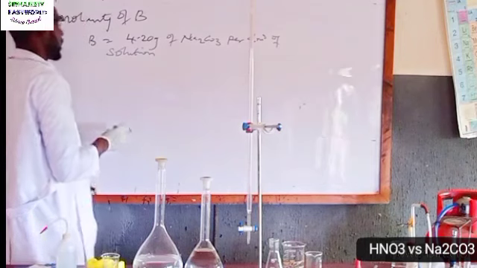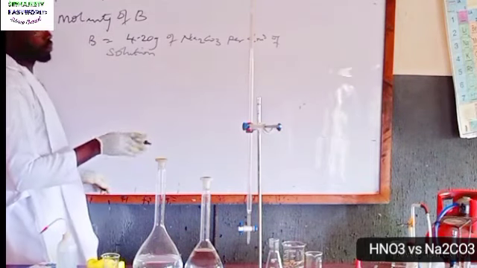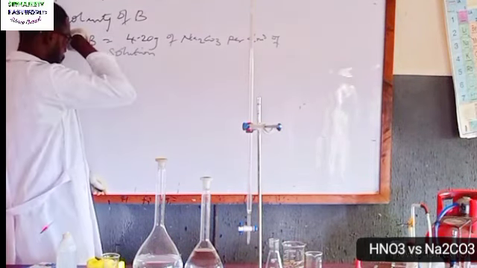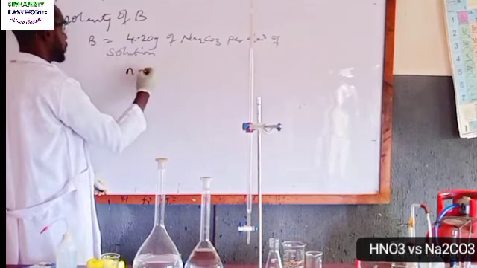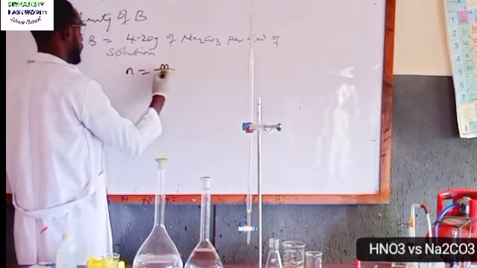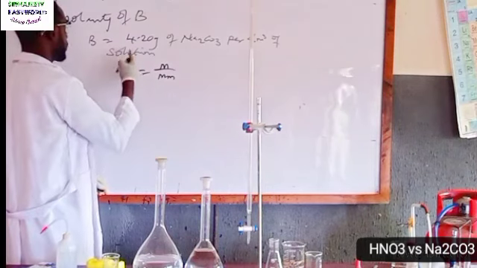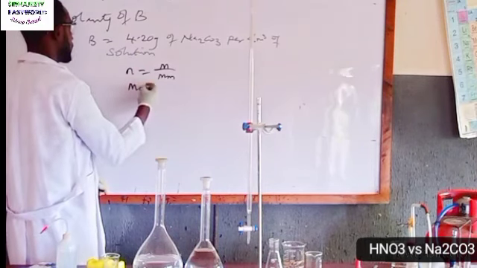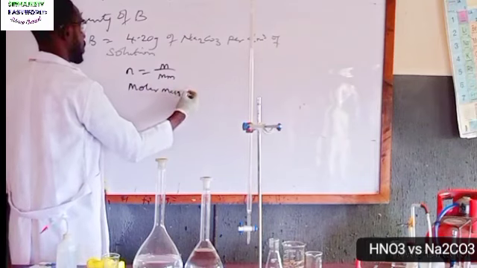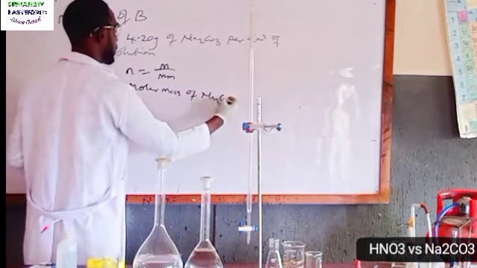In this case, they gave us mass. We're going to convert the mass to mole, and to convert mass to mole, we have that mole is equal to mass given all over molar mass. The mass given was 4.2, and we need the molar mass of sodium trioxocarbonate.